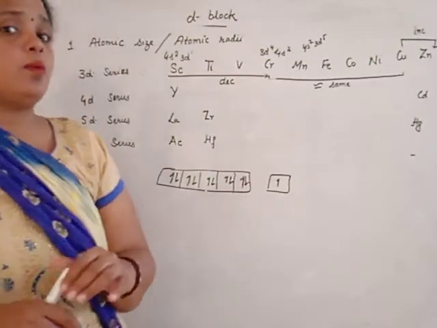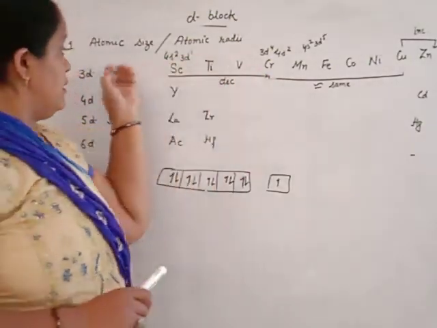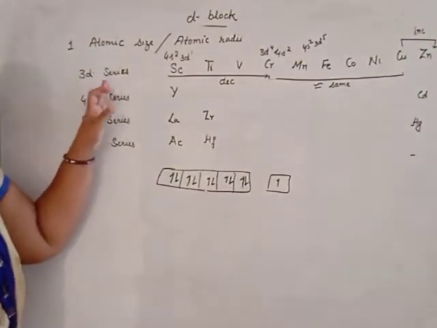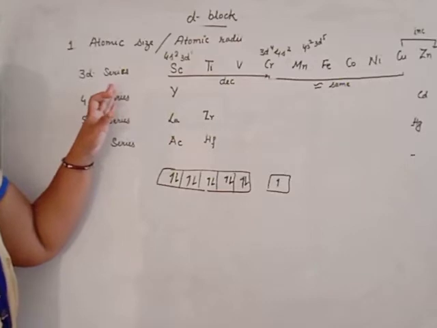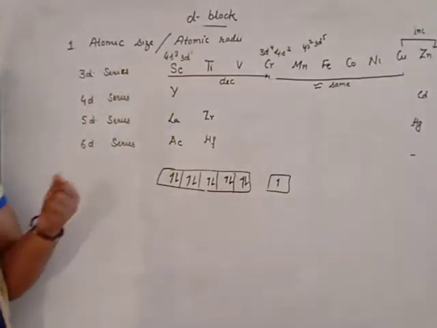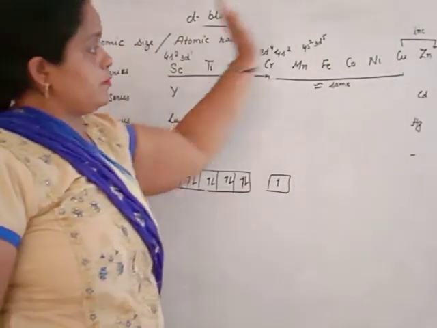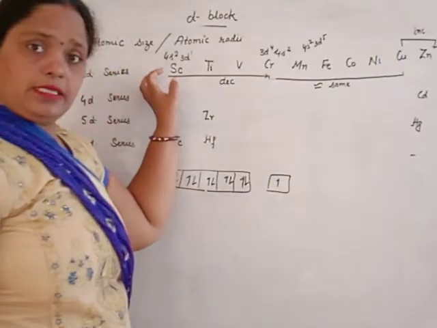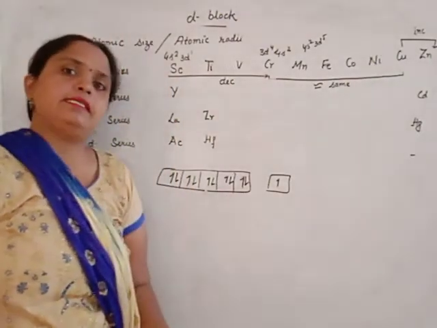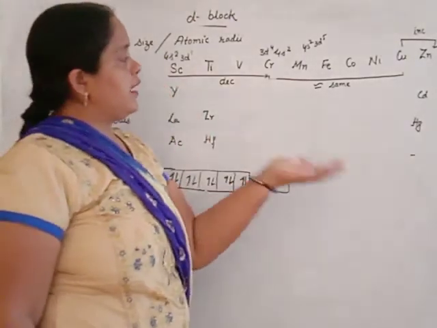In your exam, if the question is why atomic size in the middle of the 3d series remains the same, give the reason like this. As we move from scandium to zinc in the 3d series, first of all atomic size decreases, but why the same?